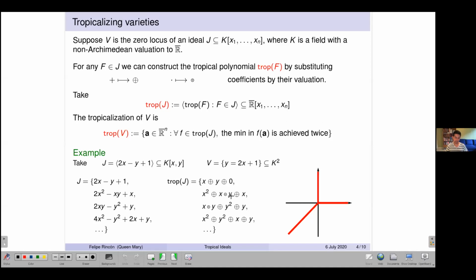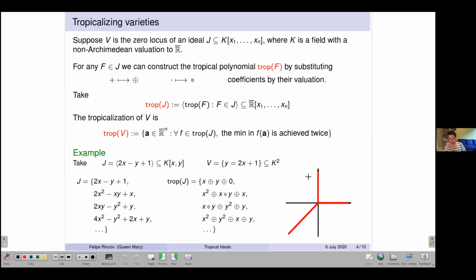And because all these polynomials that we have here are just multiples of the original one, in this case, the minimum attained twice condition follows from just requiring it for this tropicalization of the generator. So you require that the minimum between x, y, and 0 is attained twice, and that's the tropical line that we have seen already. So it's this polyhedral complex with 3 rays there.